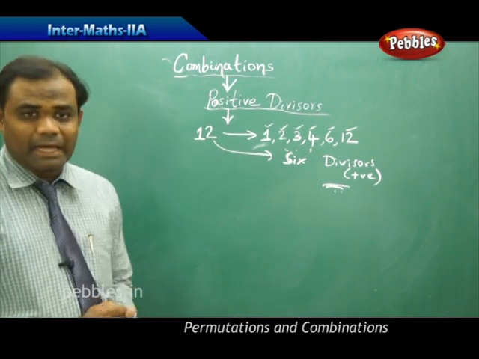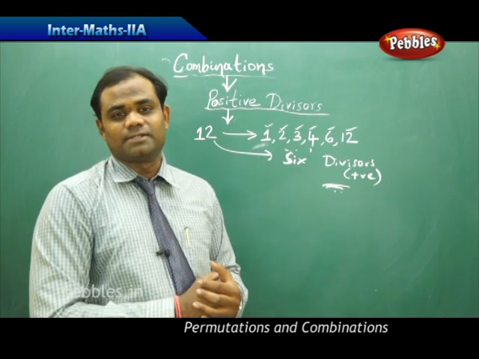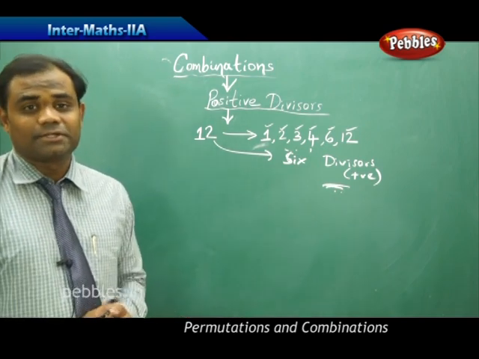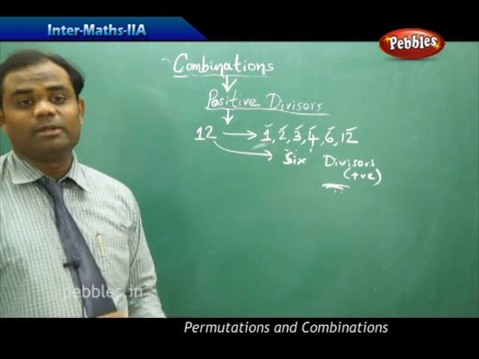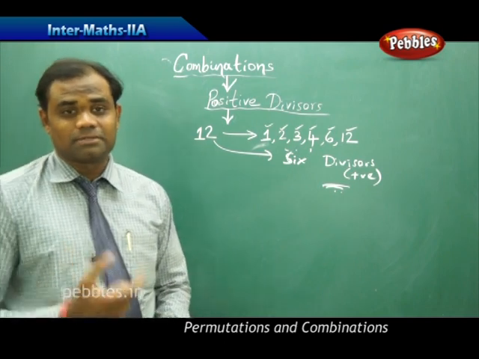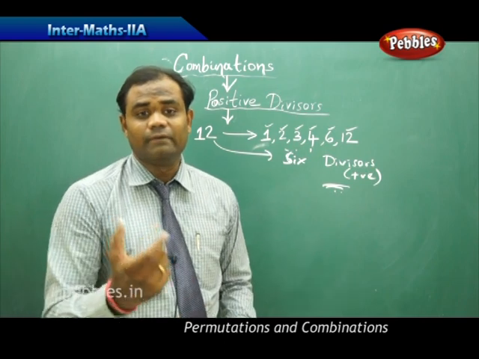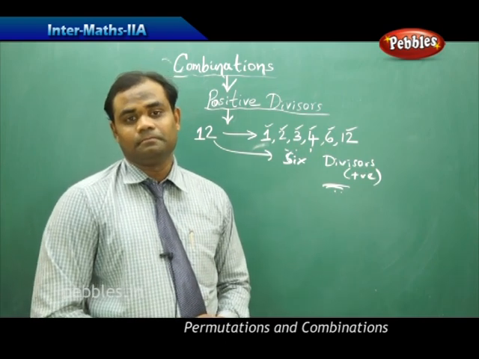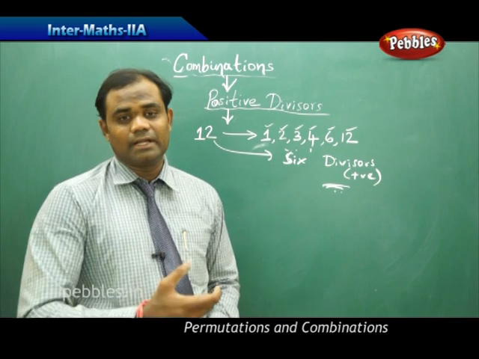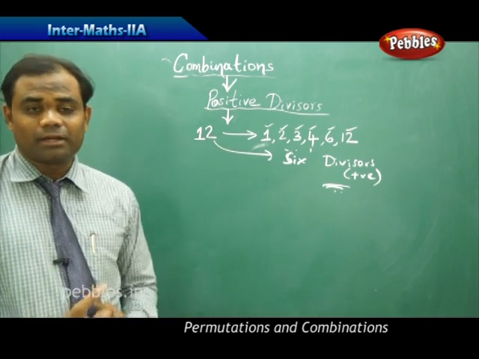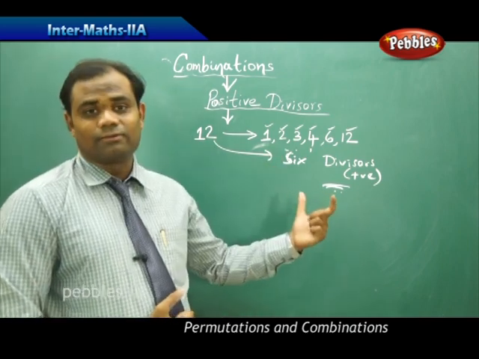So every number has a specific number of positive divisors, which we can find using combinations. Combinations help us in identifying the number of positive divisors of a given positive integer. So let's see how we can derive the formula for finding the number of positive divisors of each number.